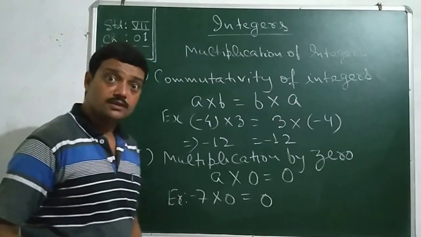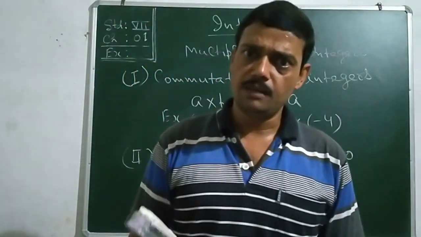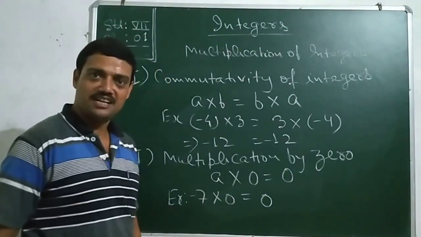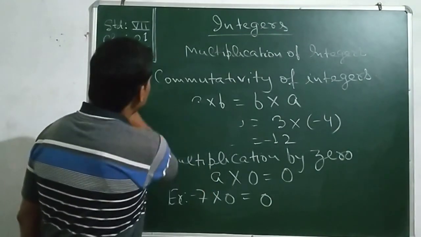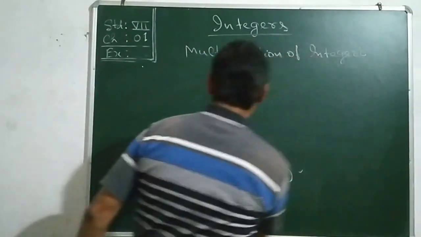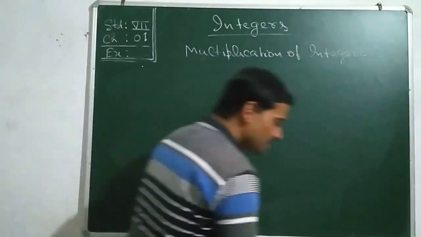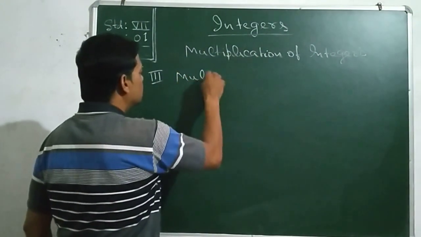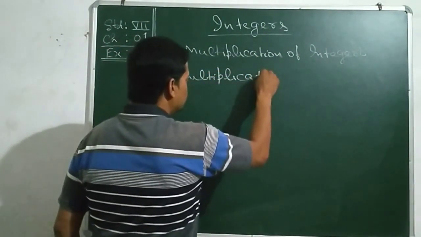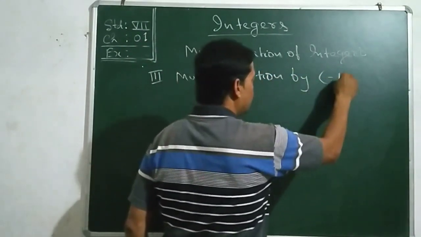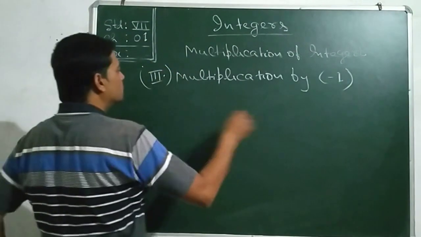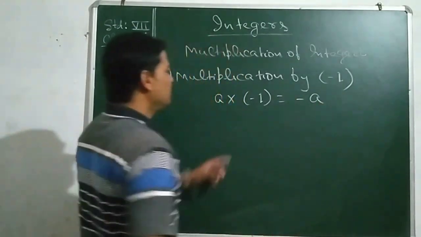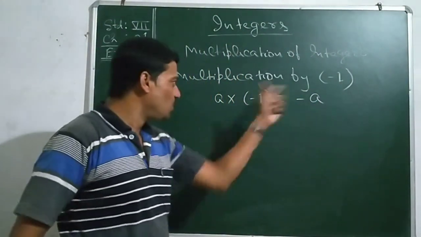Now next is multiplication by minus 1. You had already learnt about the additive inverse. What is the additive inverse? One more clarification here regarding the additive inverse. If you multiply any integer by minus 1, what do you get? Observe here. Multiplication by minus 1: A into minus 1 will be equal to minus A. Is that the additive inverse of A?